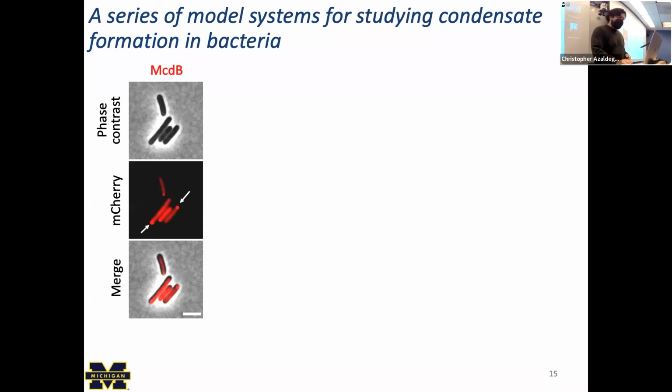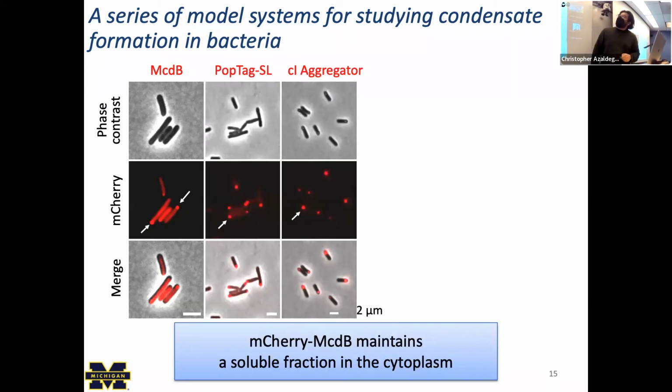When we look at the other two systems, the PopZ SL, or short linker, you also get these highly enriched foci forming at the poles of the cells with some fluorescence signal from the cytoplasm. However, with this C1 aggregator protein, we cannot observe a significant fluorescent signal.